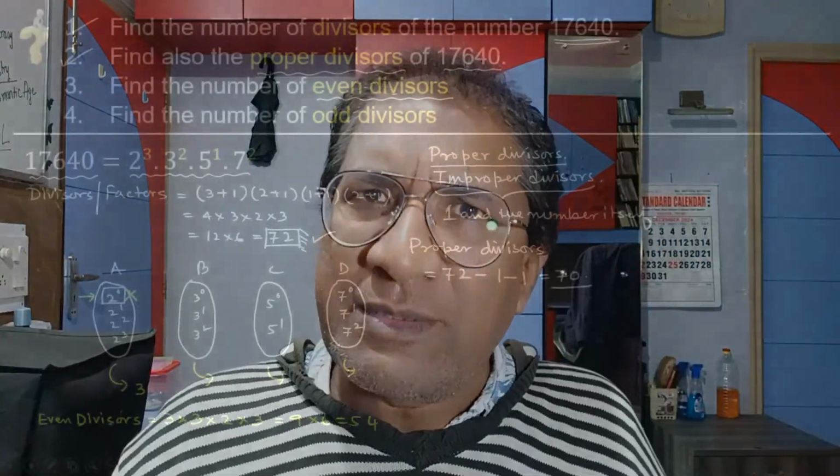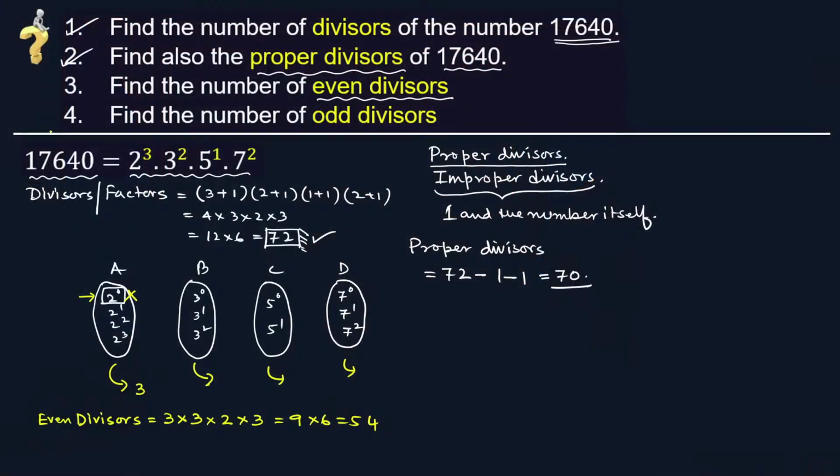That means it is not an even divisor. So to get the even divisor, I have simply excluded 2 to the power 0. That is, whatever factor you are choosing, at least one 2 is coming. That means it's an even divisor. That's it.